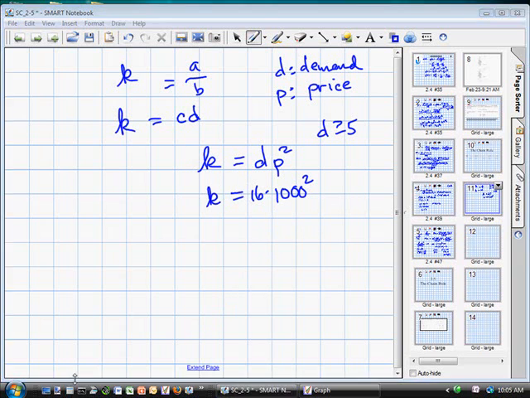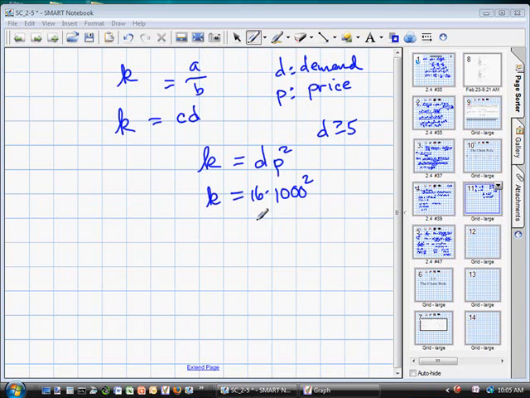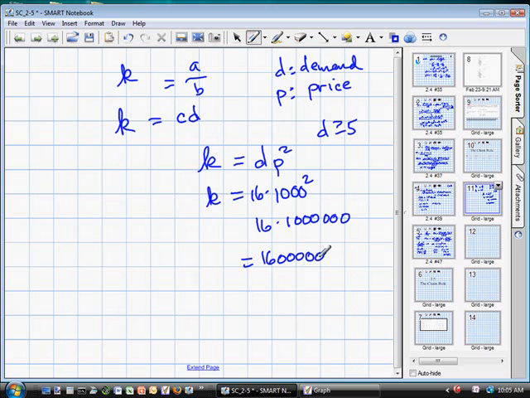Just to make sure, it should be 10 to the 6, shouldn't it? And it is 1 million. So 16 times a million is, of course, 16 million. Now we know our constant.